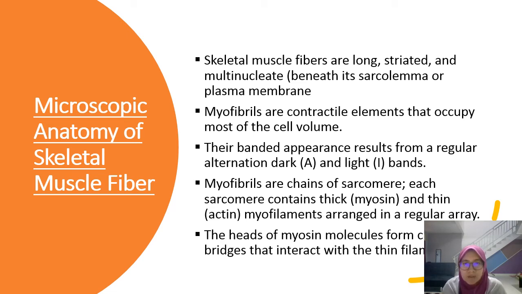Okay, myofibrils are chains of sarcomeres. Sarcomeres contain thick and thin myofilaments. Okay, this is one of the reasons why our myofibrils have alternating dark A and light I bands. The heads of myosin molecules form cross bridges that interact with the thin filaments.